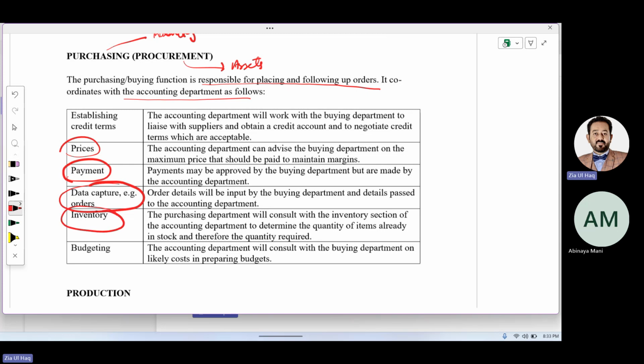Inventory: obviously the accounting department needs to prepare financial statements, so they will take data from the purchase department, how much inventory you have received, so that they can add it to the inventory ledger. And budgeting, to prepare future budgets, what could be the future purchases? They need information from the purchase department.